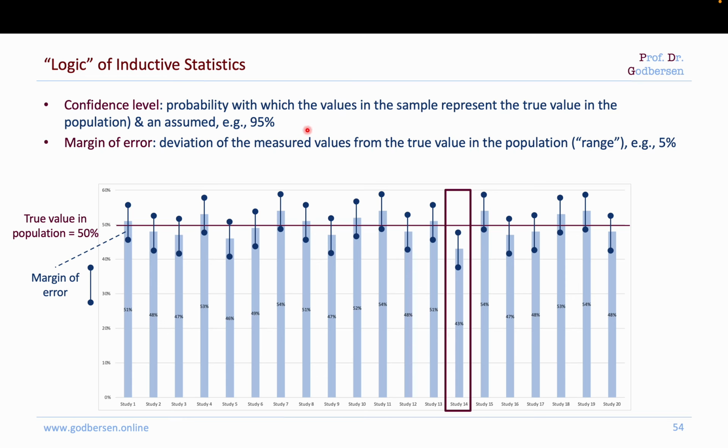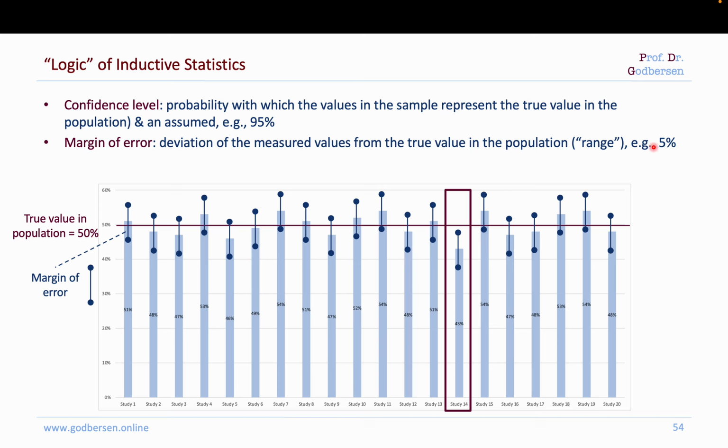So again, the confidence level is the probability with which the values of the sample represent the true values in the population. And the standard is to assume 95%. The margin of error is the deviation of the measured values from the true value in the population, the deviation that we allow.